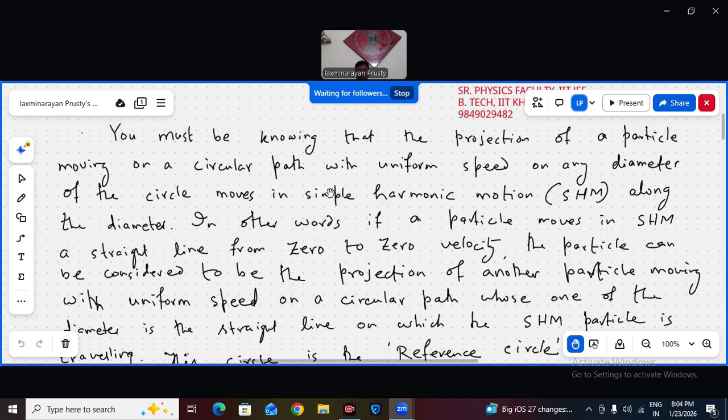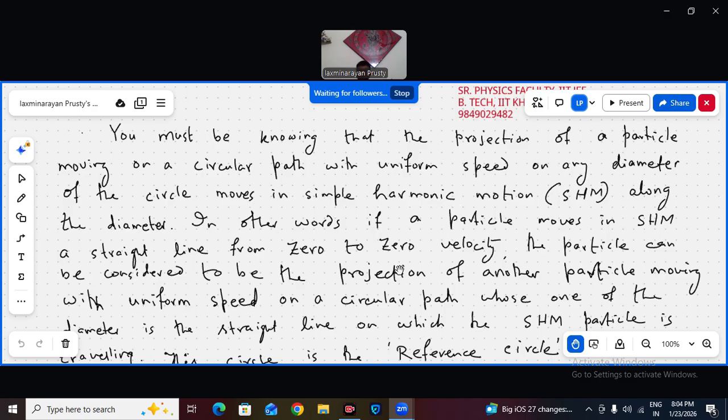So you always must be knowing that the projection of a particle moving in a circular path with uniform speed, we call that uniform circular motion, onto any diameter of the circle, that projection moves in simple harmonic motion along the diameter.